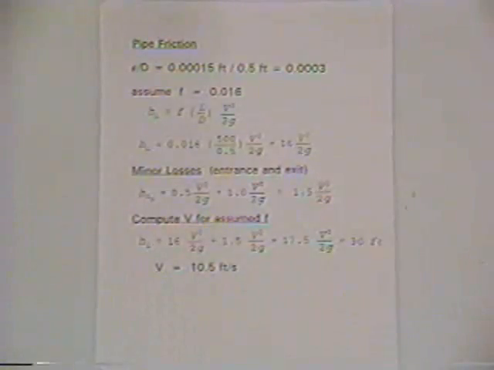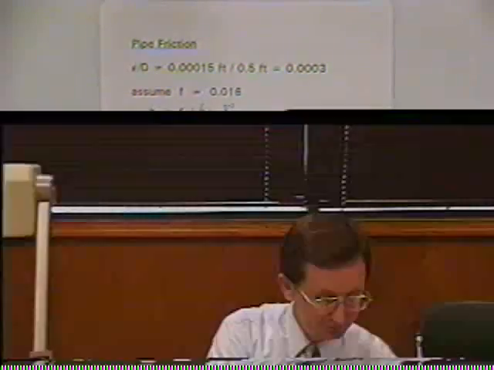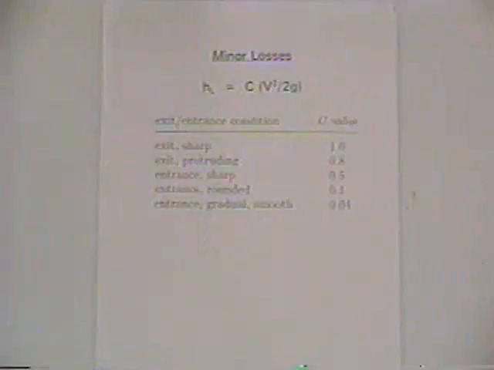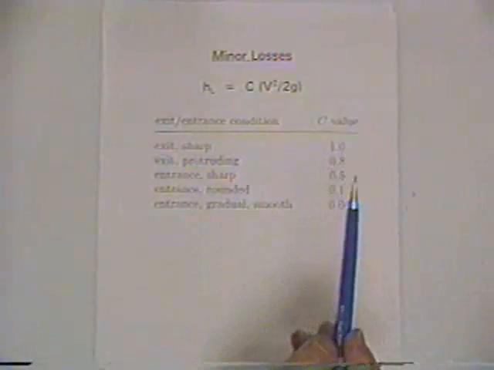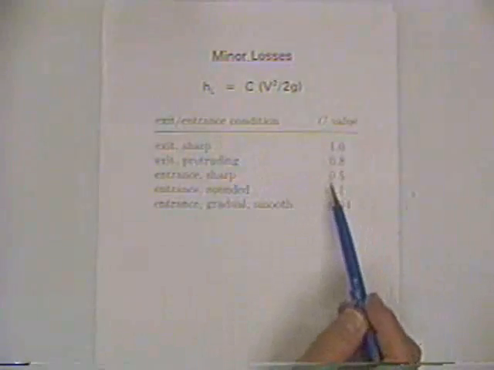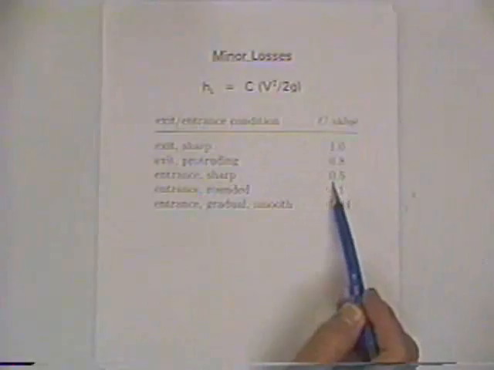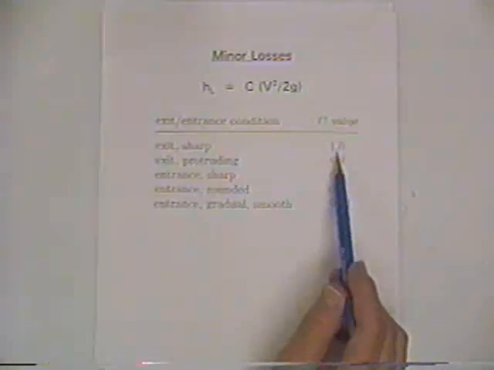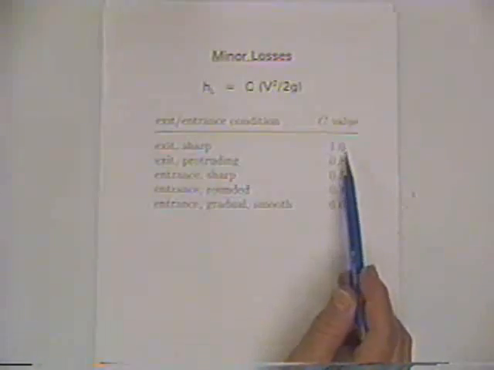And so we go back to a table, Xerox from the manual, and in this problem we've got a sharp entrance and exit. And so we're going to use a 0.5, and that's a pretty standard number for a sharp-edged entrance, and a 1.0 for the exit.